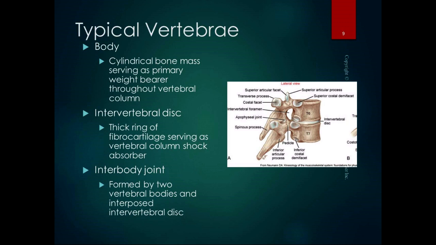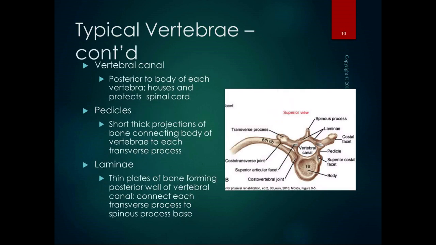Okay. So the vertebral canal is posterior to the body of each vertebra, and it houses and protects the spinal cord. Remember my little saying about how everything important is encased in bone? Spinal cord is encased in bone. The pedicles are short, thick projections of bone connecting the body of the vertebra to each transverse process.